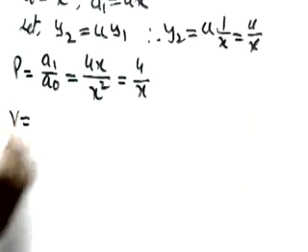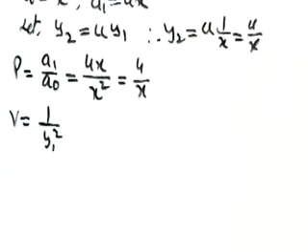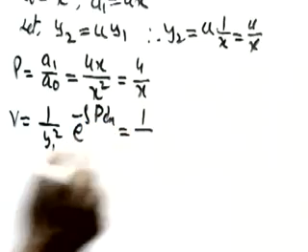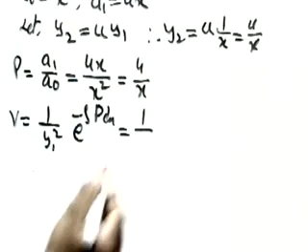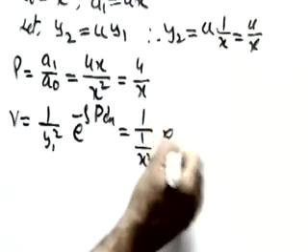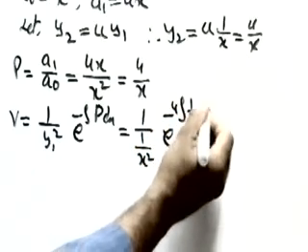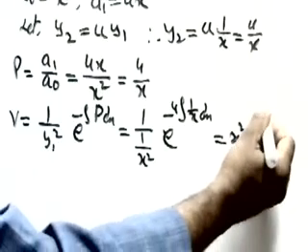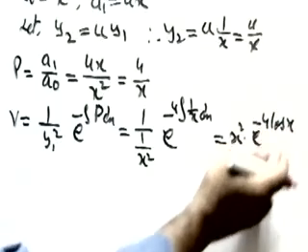Now the next step is to find v. The formula of v is 1 by y1 square into e to the power of minus integration p dx. The value of y1 is given as 1/x, so 1 by y1 square is x square. Into e to the power of minus integration of 4 by x dx. Take the 4 outside: integration of 1 by x is log x.